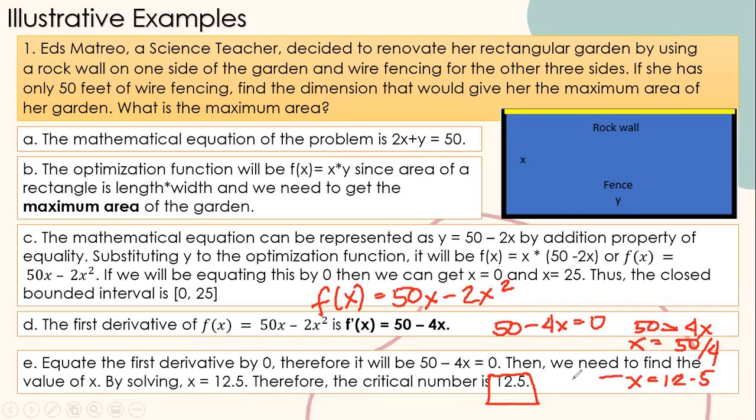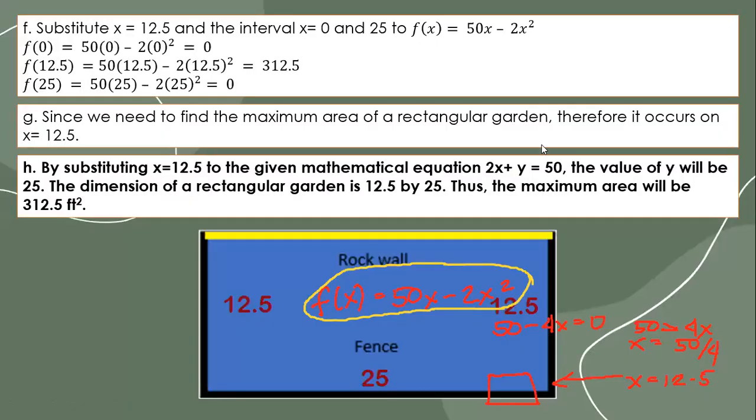Okay, and that is the critical number. For our next step, we will substitute those values of x sa ating original function. Okay, so which is the 50x minus 2x squared. Okay, so that is the third step.